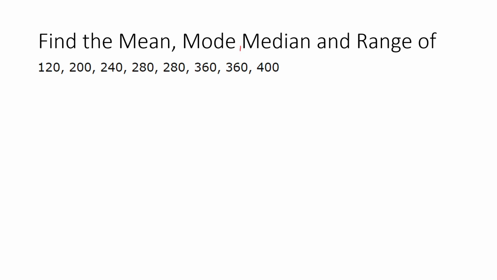Okay, so for this one, the median, the middle number, is simply going to be, well, how many numbers are there? 1, 2, 3, 4, 5, 6, 7, 8. Plus 1 divided by 2. And so we should get an answer of 4.5. Why is it 4.5? Well, 4.5, as you guys know, is between 4 and 5, okay?